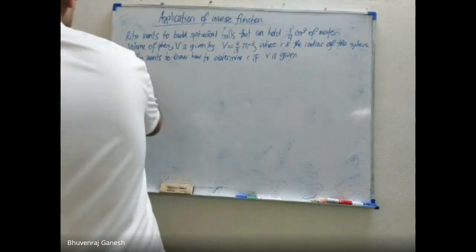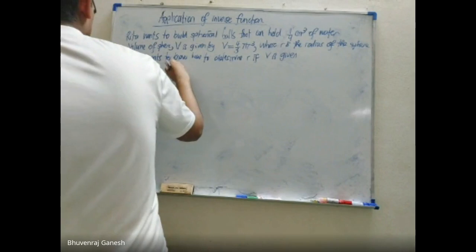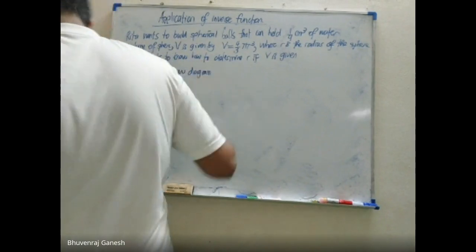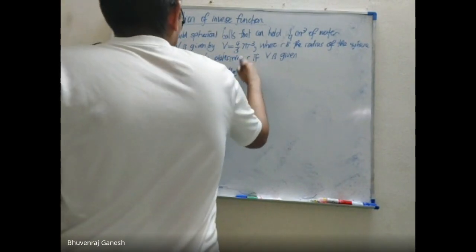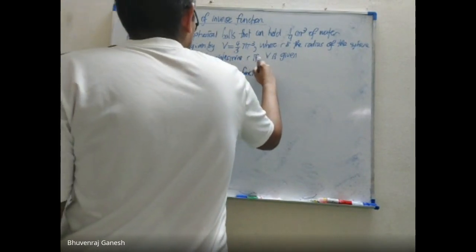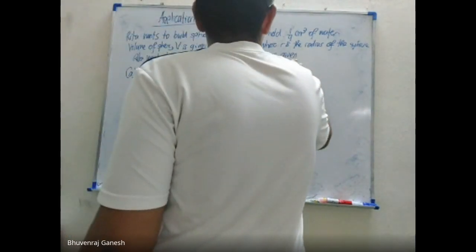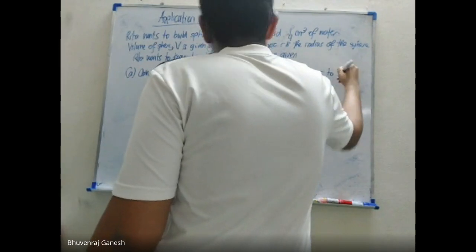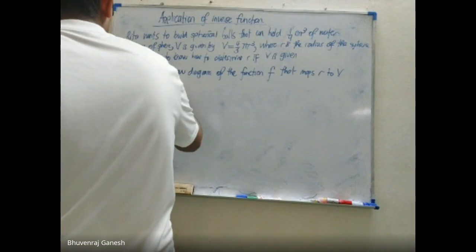So the first question is, they want you to draw an arrow diagram of the function f. So they gave you the label of the function as f, which maps r to V. And its inverse function as well.